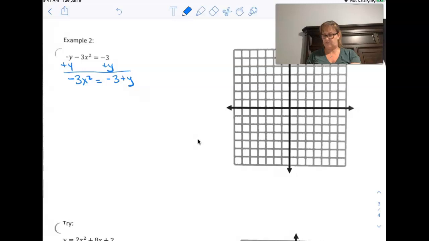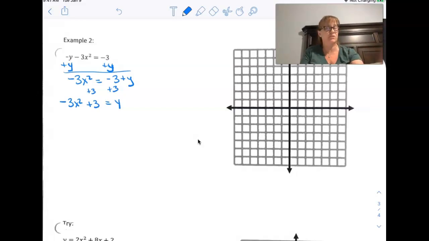This is a y, not a 4. Okay? Well, we want y by itself. Y equals, right? So we've got to add 3 to both sides. So now we would have negative 3x squared plus 3 equals y. Okay, we're closer to that standard form. In fact, you can consider this standard form.